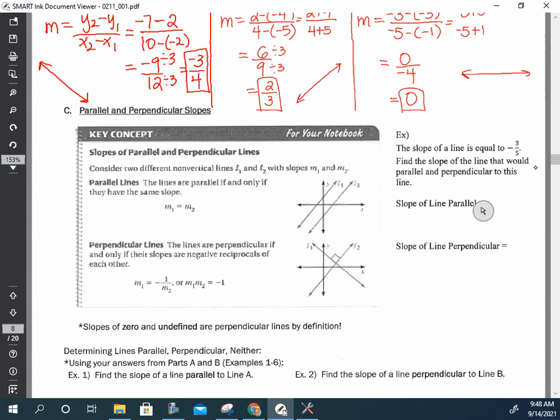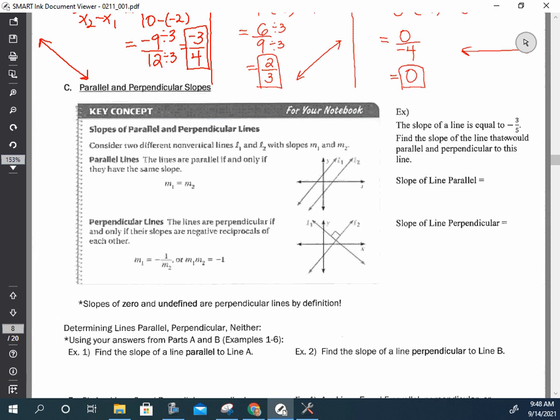So part C, we now start applying slope. One of the applications of slope is dealing with parallel and perpendicular lines. If you remember from geometry, parallel lines do not intersect.